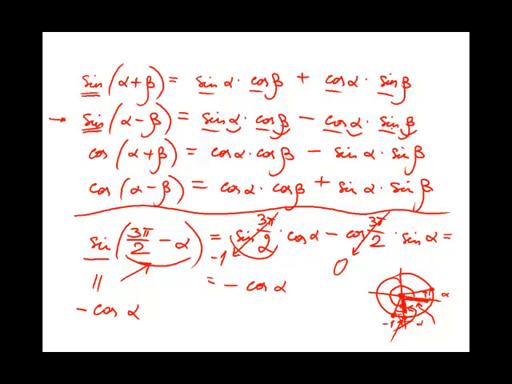They alternate. The sign between them is the same as the sign between alpha and beta on the left-hand side. Now, when you have cosine of a sum or difference of two angles, then in your right-hand side you have cos cos, sine sine.